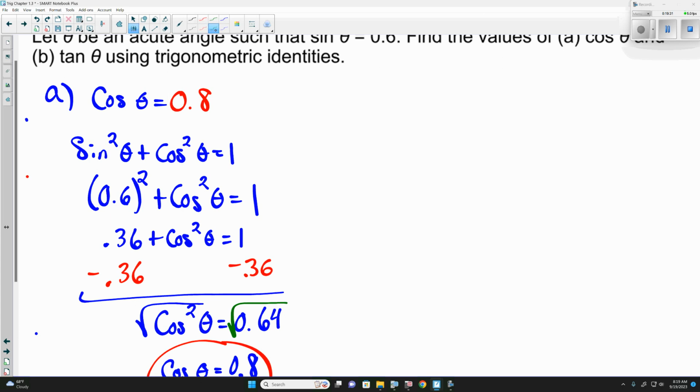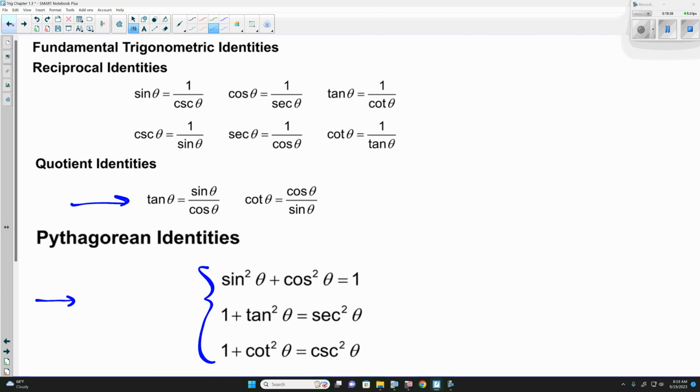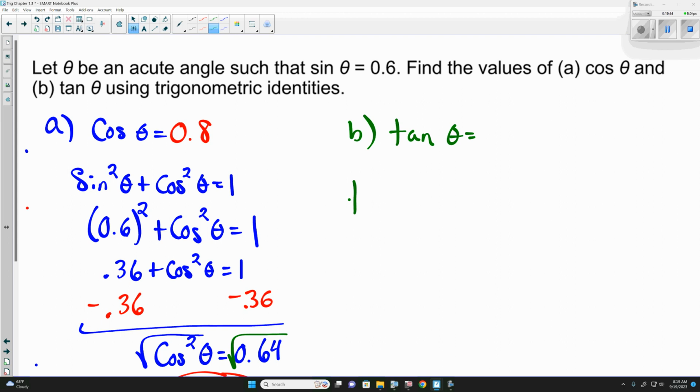Now there was a second part to it. They also wanted us to find the value of tangent. Tangent's what? Sine over cosine. Well, we know sine's value is 0.6.